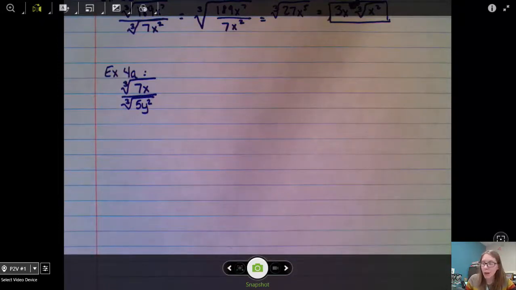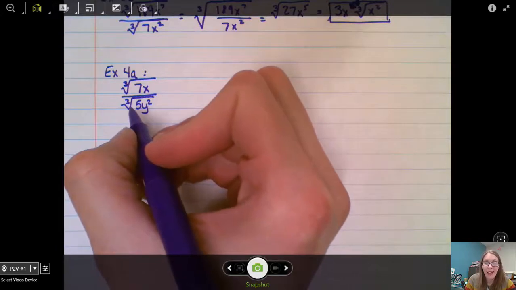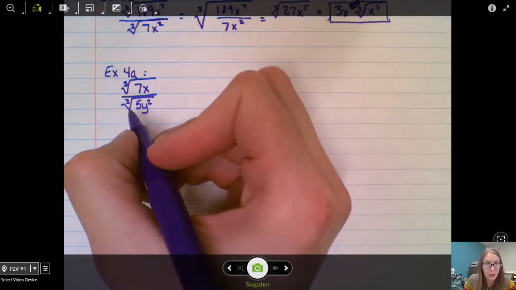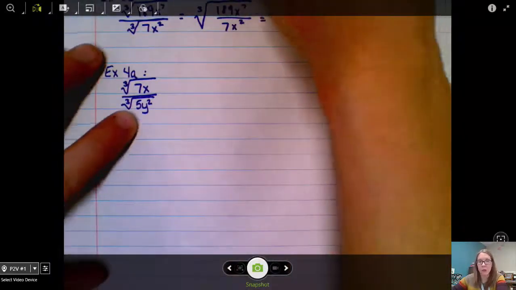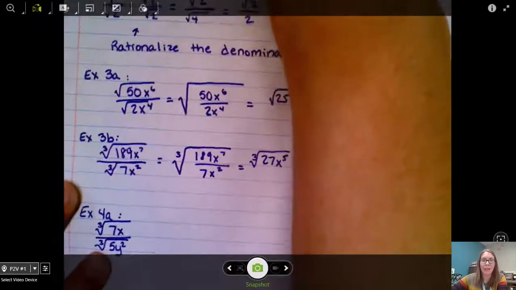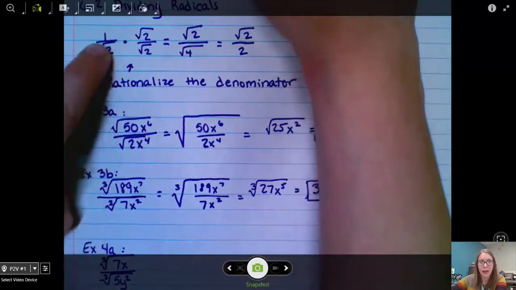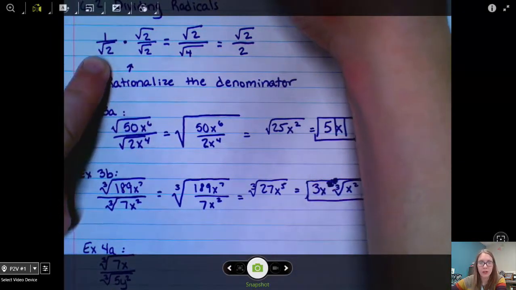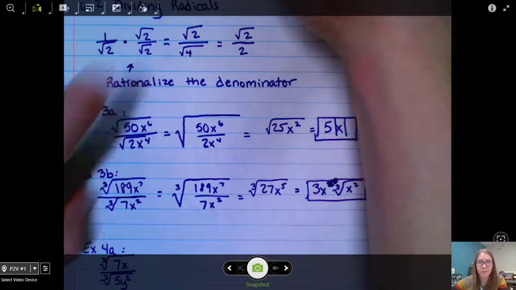My second problem is that I can't have my cube root in the bottom here. So I have to do something in order to rationalize my denominator. Okay, so if I look back up here real quick, when I had 1 over the square root of 2, we multiplied by the square root of 2 on the top and bottom.